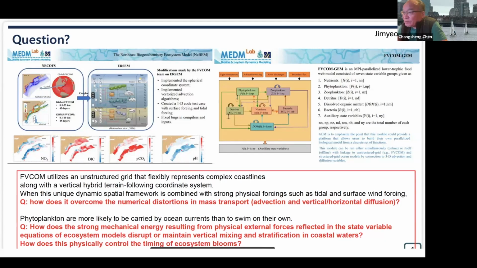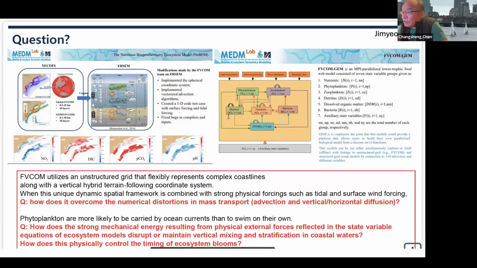Okay. The second question: you said phytoplankton is likely to be carried by the ocean current, and the swinging and so on. How does the mechanical energy, the physical force, affect the ecosystem? Yeah, you do have it, right?